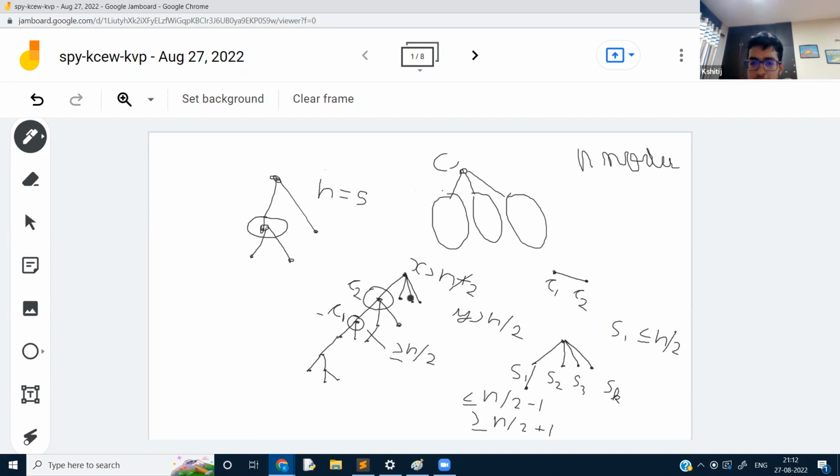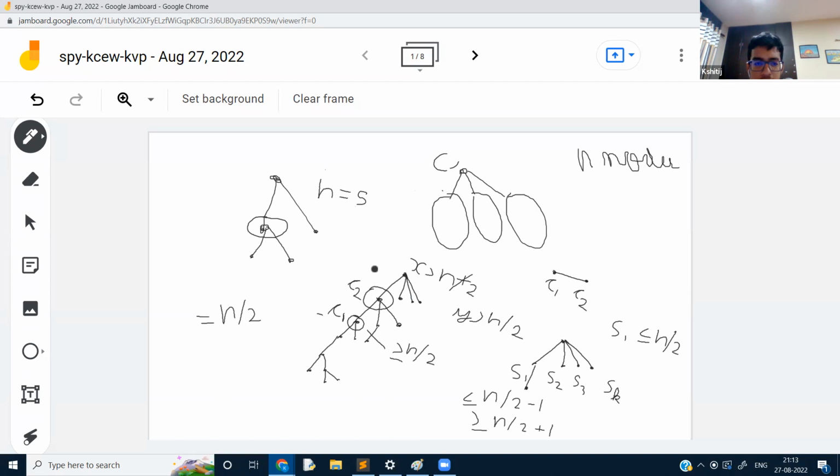Now the size of this is at most n by 2. However, if it has to be exactly n by 2, since we showed that if the size is this, then the centroid condition is violated. Now there can be at most one direct child which has size exactly n by 2.